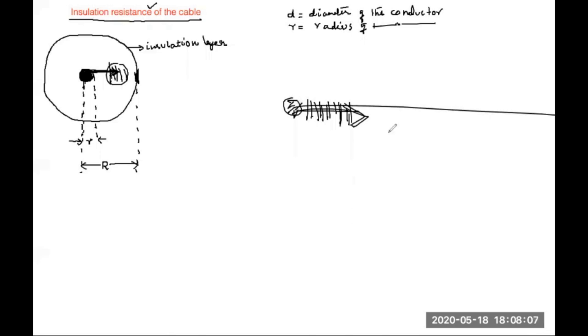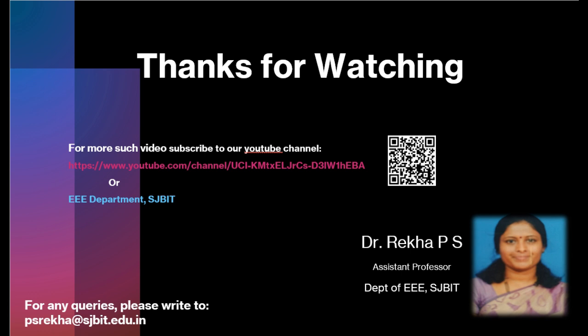It should not leak. Correct? Whatever current is there should be there only in the conductor. It should not come out or leak. Clear? But there will still be some. That's why I have to find how much resistance is offered by the insulator to the leakage current.